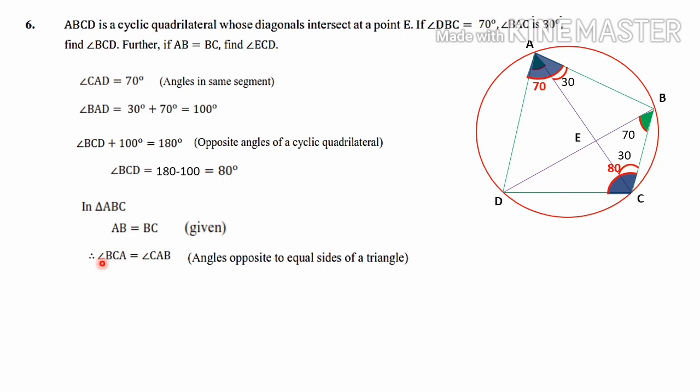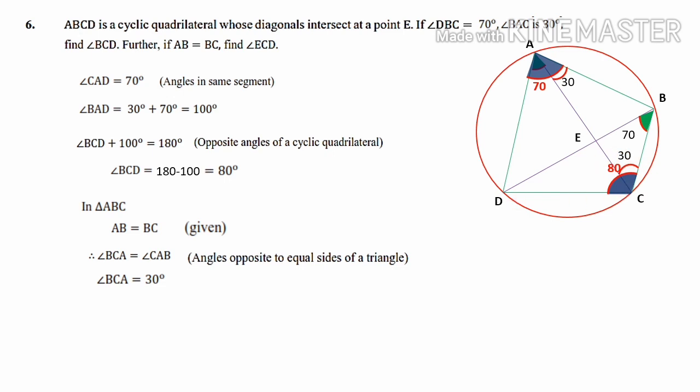Means angle BCA and angle CAB are equal. Here this is 30 degrees, it is given to us. This 30 degrees means this also will be 30 degrees. That means angle BCA is equal to 30 degrees. One part we have got.